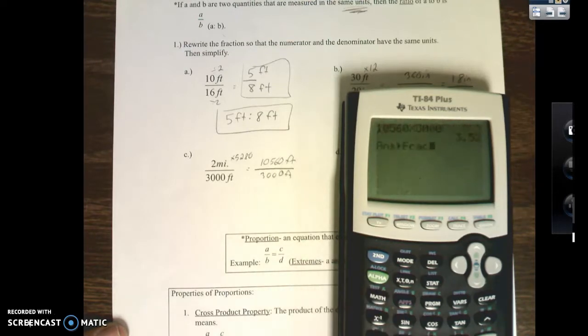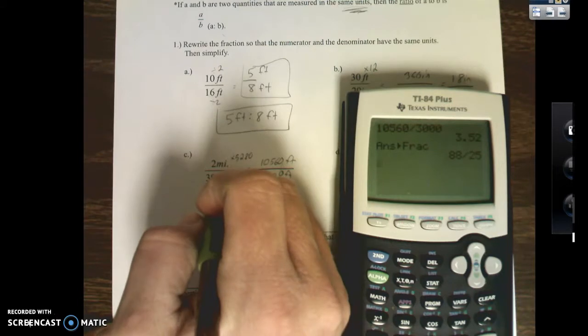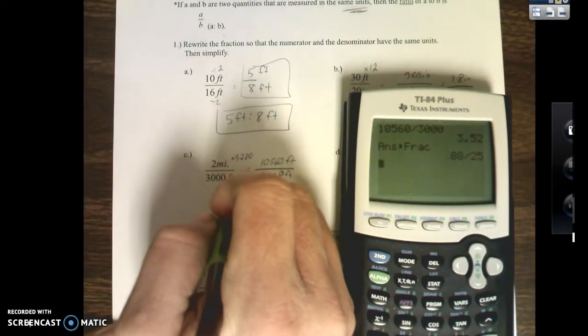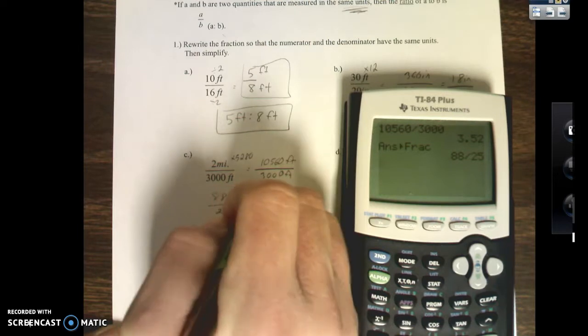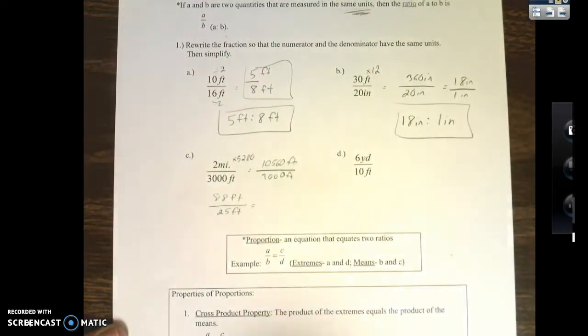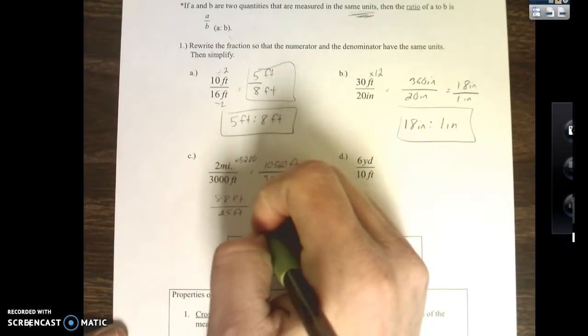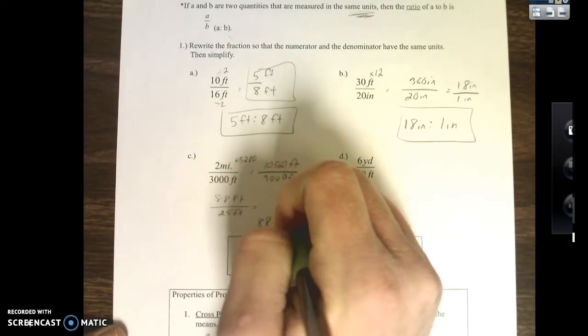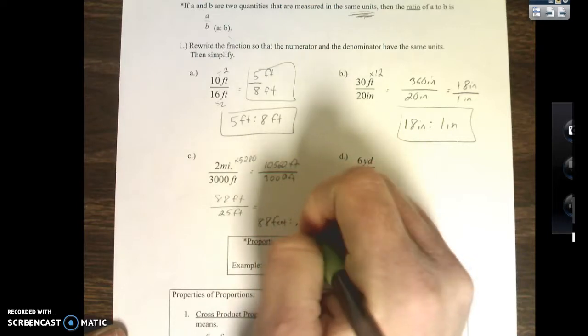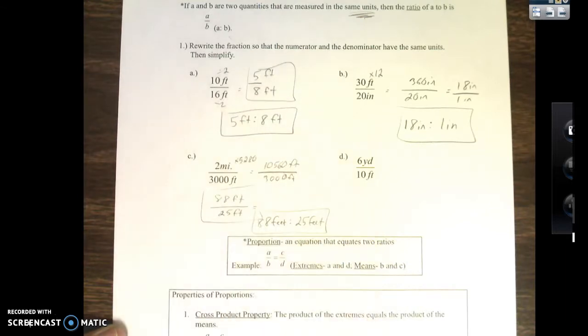I can hit enter, enter, and wouldn't you know it, it reduces down to 88 feet over 25 feet. Which I can then write as 88 feet to 25 feet ratio. Feet, foot, you get the idea.